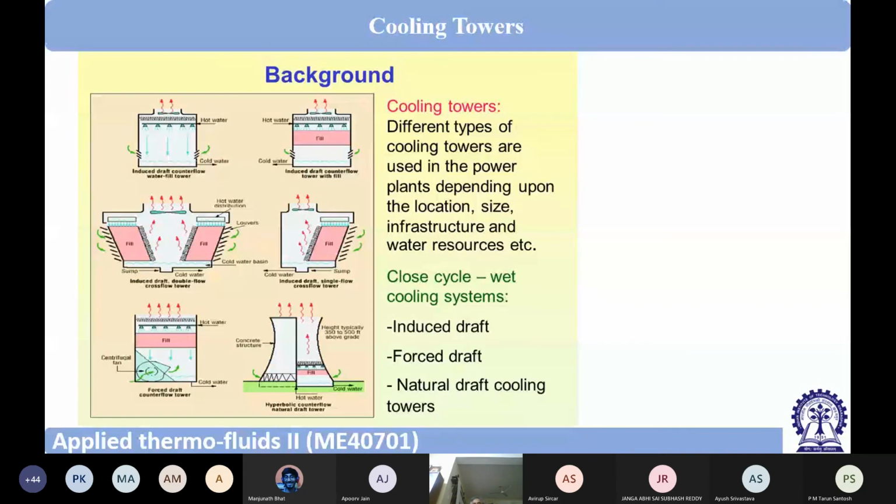So a very good balance is to be maintained so that neither the tubes of the condenser are fouled, nor in the cooling tower is this vegetative kind of biofouling there. So this is very important for cooling tower maintenance. Okay. With this, I would like to end.